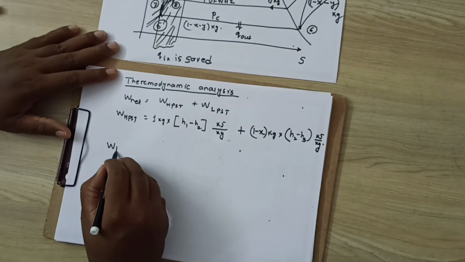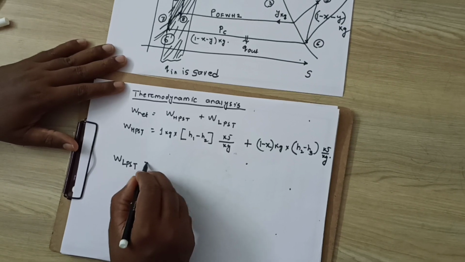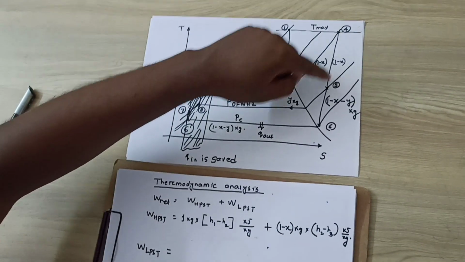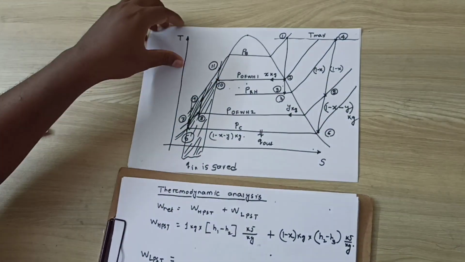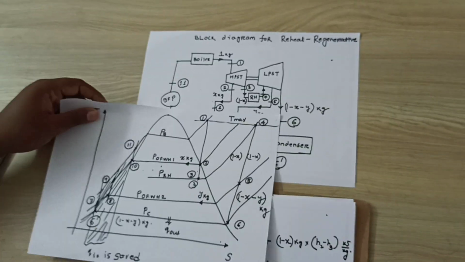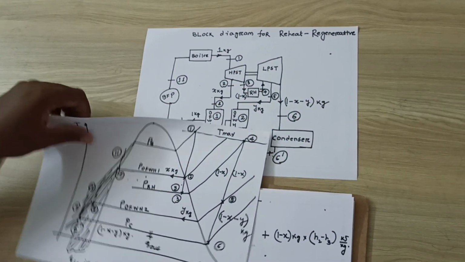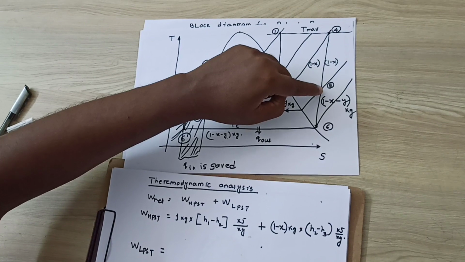Then what is the net work output for the low pressure steam turbine? This is the low pressure steam turbine, 4 to 5, 5 to 6.